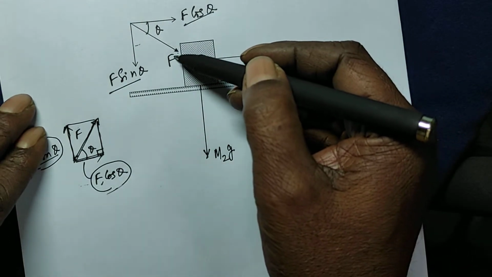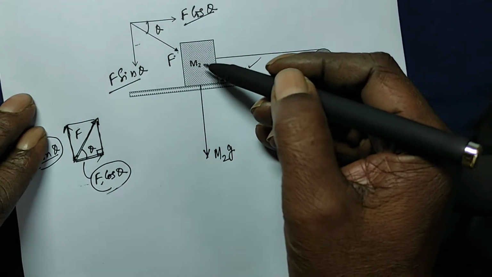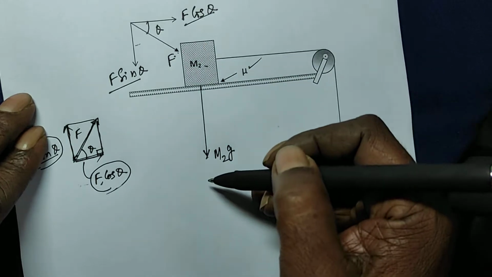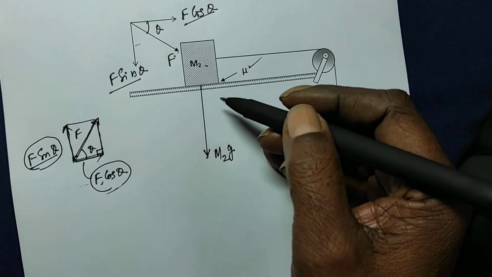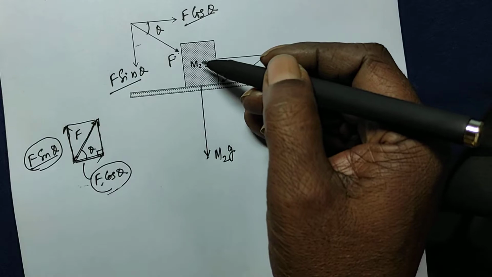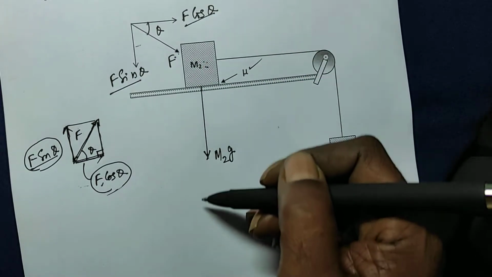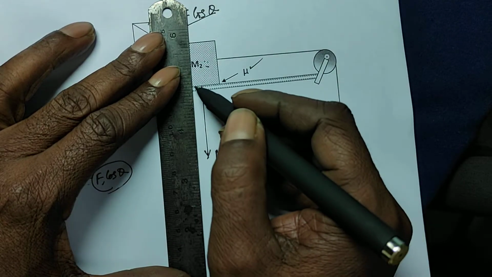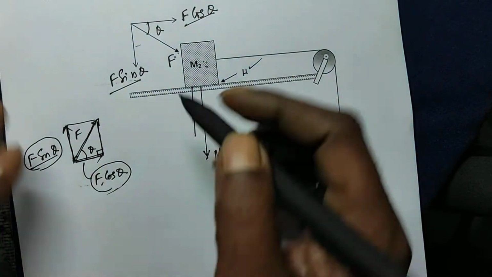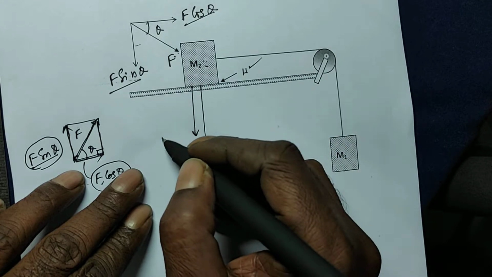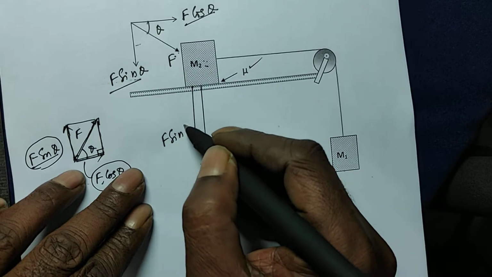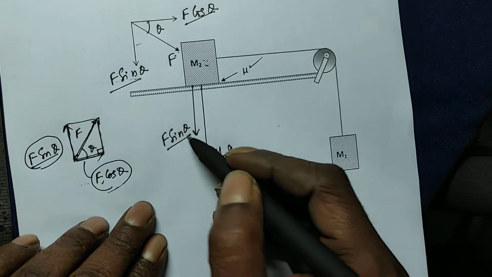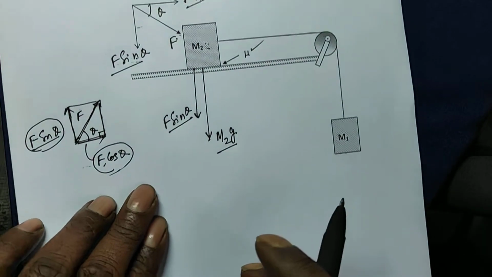So a component of this force, that is F sin theta, is also pushing this mass vertically downward. So the net force that the mass m2 is pushing downward is m2g and this one, F sin theta. So this force and this force are in the same direction.